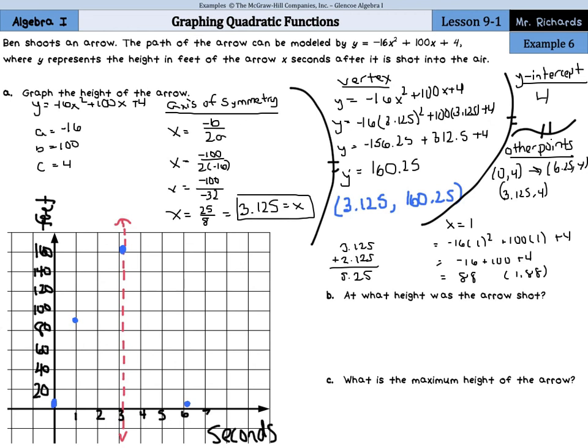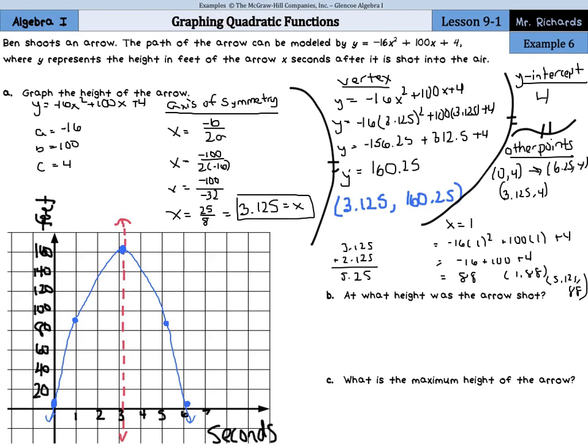So the other matching point now is going to be at 5.125 and, running out of room there, 88. So 5.125, 88 is somewhere right in this neck of the woods. And now, my last step, I can draw in this curve. And that's my graph.